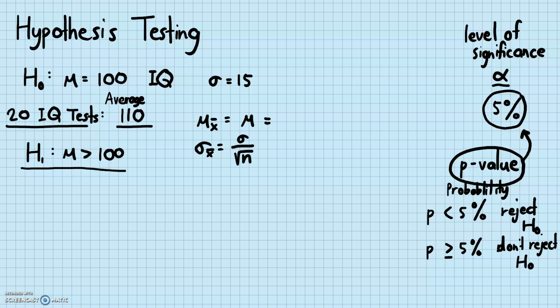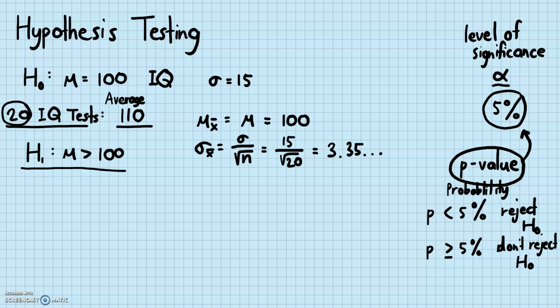In this case, the mean is 100. The standard deviation is 15 divided by the square root of 20, since you took 20 IQ tests, so n is 20. On a calculator, it's going to be 3.35.